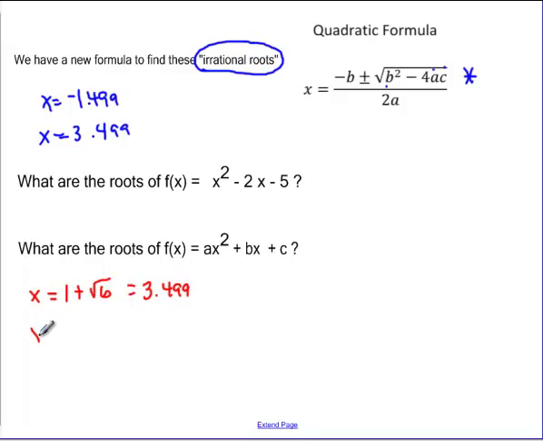If you did x equals 1 minus radical 6, that's where you'll get the negative 1.499. Those are approximations. But in math, we're looking for exact answers. And that's why there's a plus or minus. Because generally, a quadratic, a parabola, will cross the graph twice. So you need 2 roots.